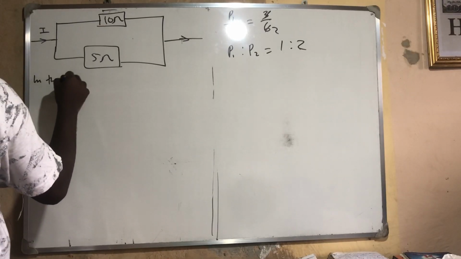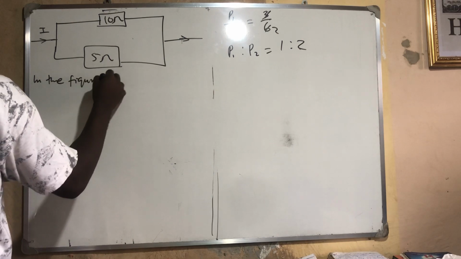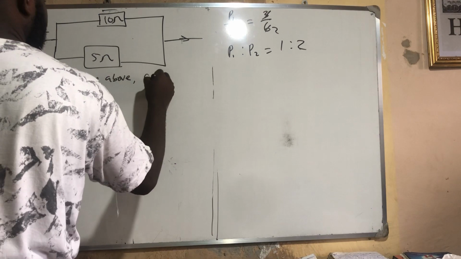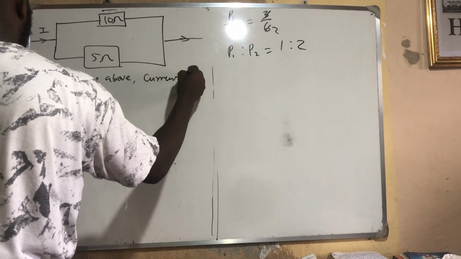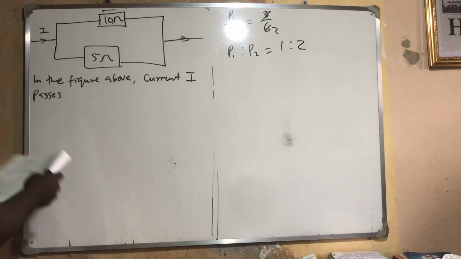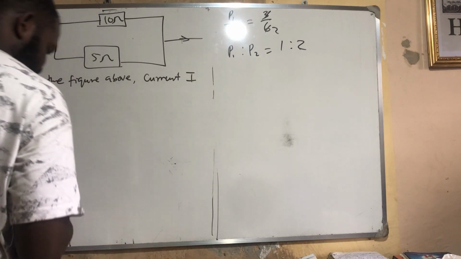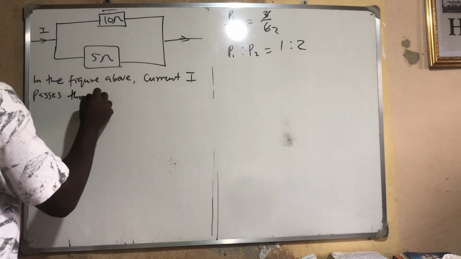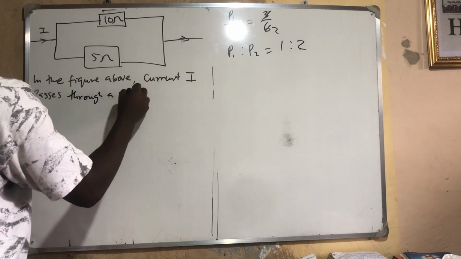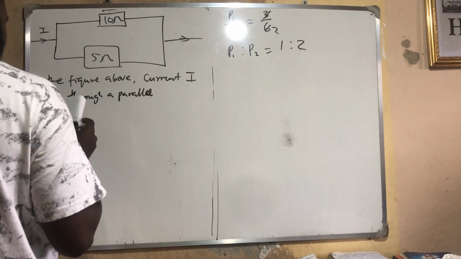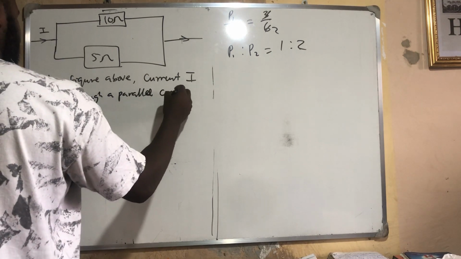In the figure above, current I passes through a parallel combination.